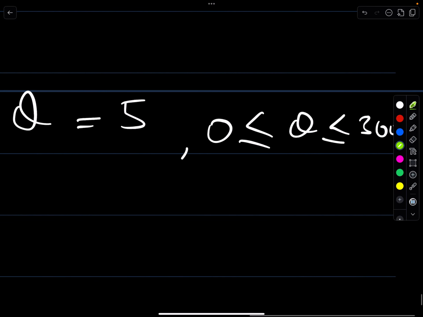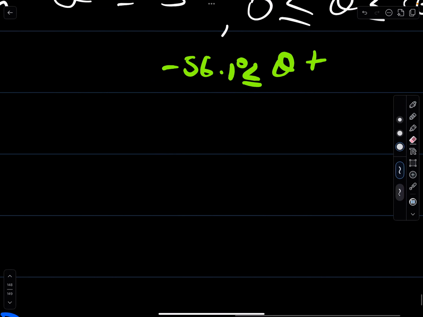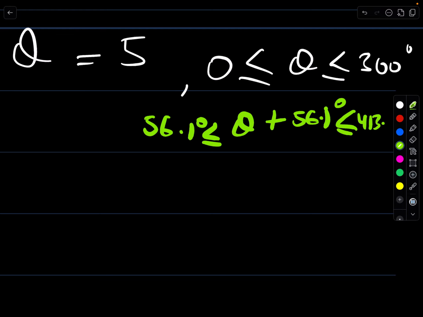So altering the range would give me something like minus 56.1 degrees is less than or equal to theta plus 56.1 degrees is less than or equal to 413.1 degrees.